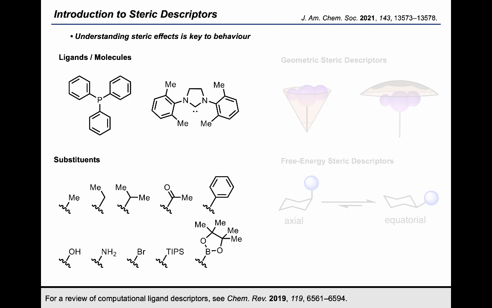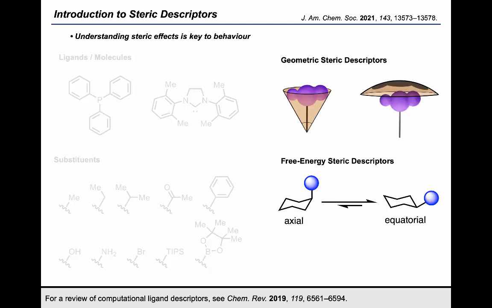One of the ways in which this can be done is with descriptors, and for example, geometric steric descriptors give a purely geometrical interpretation of the size of a substituent or of a molecule, and here we're going to focus on substituents. They really treat atoms as fixed radius spheres of different sizes, and one example of a steric descriptor, which is purely geometric, is the cone angle, and that effectively takes a substituent, sticks it at a particular distance from a point, and then looks at the angle that that group subtends from that point.